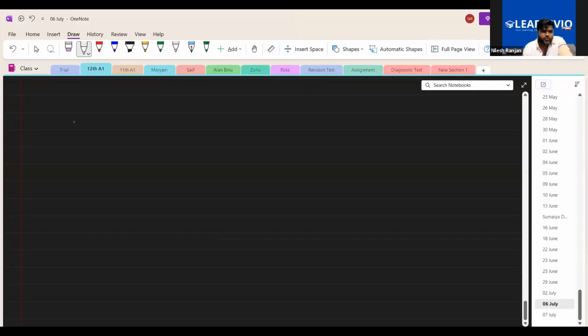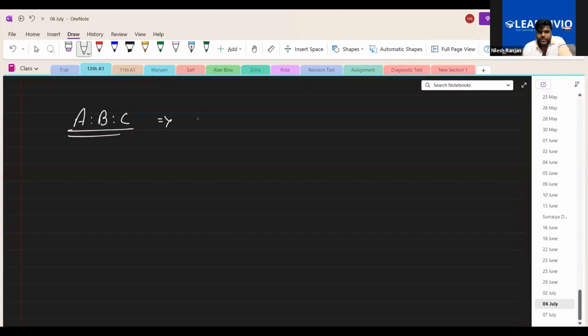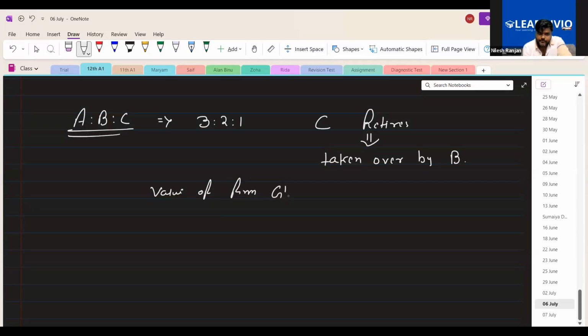So let's take one example so that you'll understand. A, B, and C are three partners, and their profit sharing ratio is 3:2:1. C retires and his profit share is taken over by B. The value of goodwill will be 60,000.